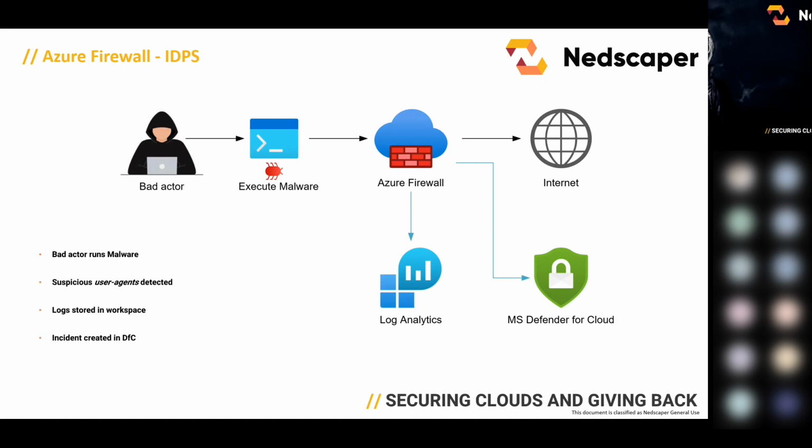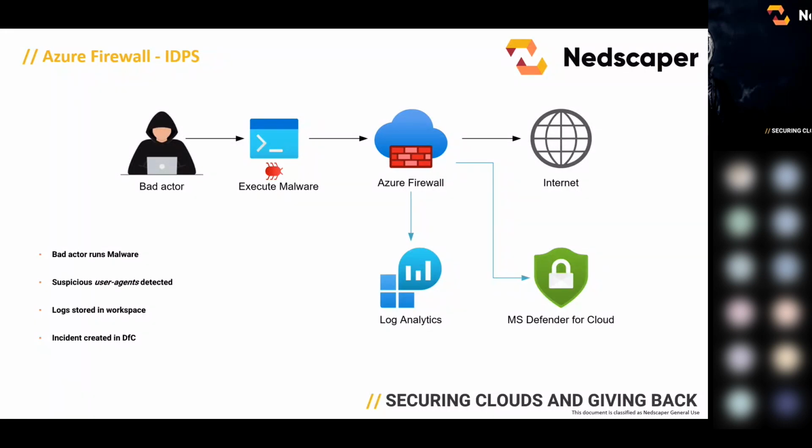Okay. The other thing is the Azure Firewall IDPS, which is also a premium feature within the Azure Firewall, which stands for Intrusion Detection Prevention System, which is based on signatures. So if there's a known malware, it will get a signature.